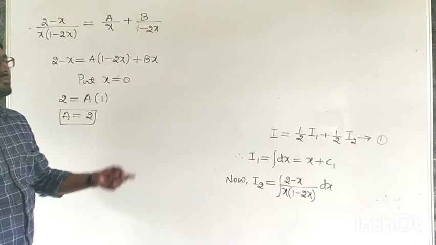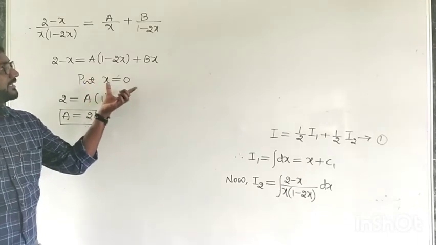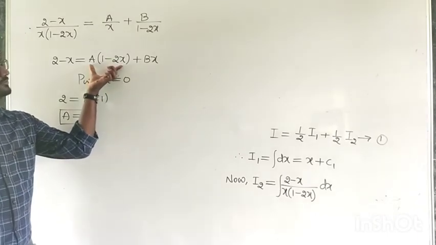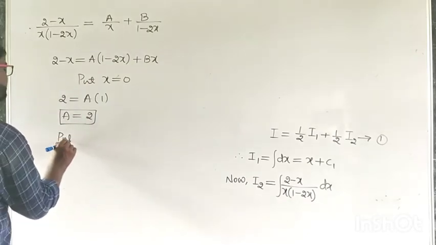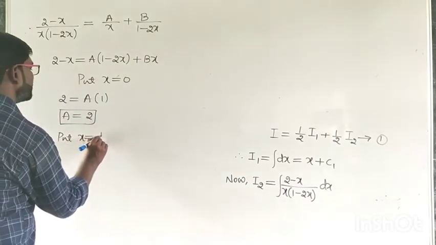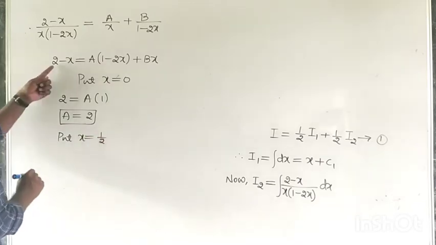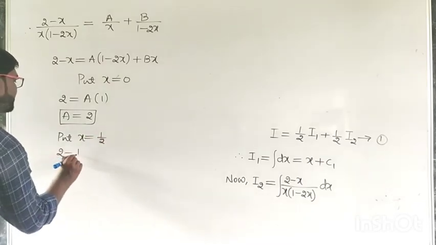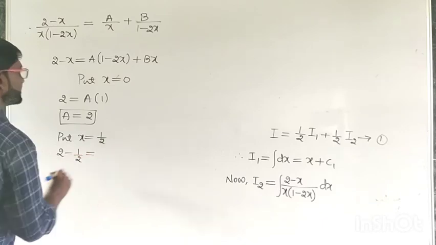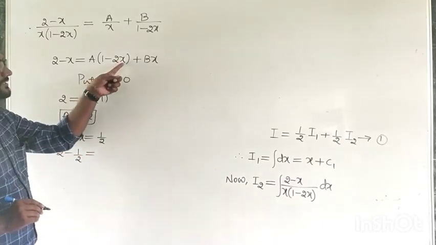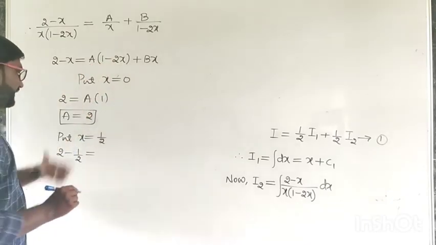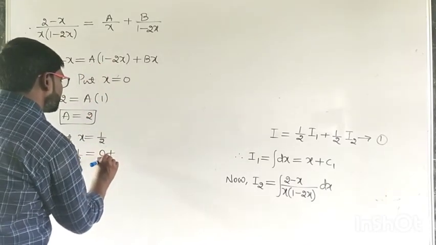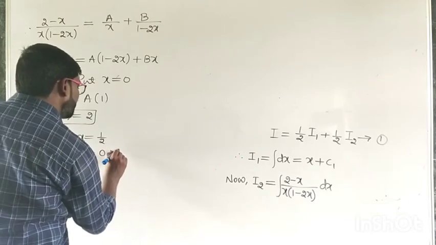We have got the value of A. Next we have to get the value of B. In order to get B, this has to be 0, so put x equal to 1 by 2. Here we get 2 minus 1 by 2 equals, in place of x we write 1 by 2, the 2 cancels, 1 minus 1 is 0. So 0 plus B into 1 by 2.